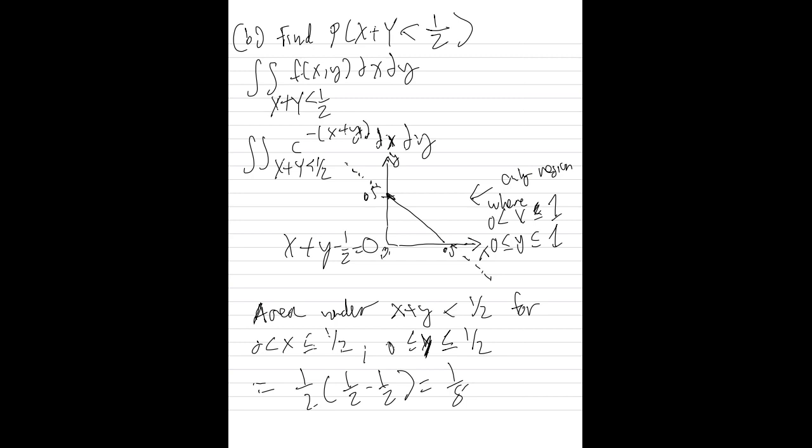Find the probability x plus y is less than 1/2. So I got the area under x plus y less than 1/2, where x is from 0 to 1/2 and y is from 0 to 1/2. So we got 1/8 for the area there.